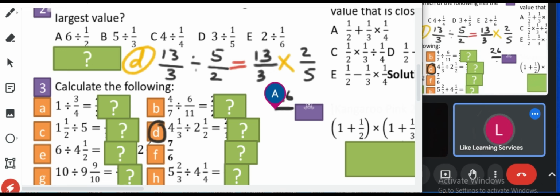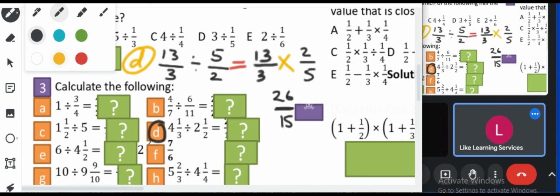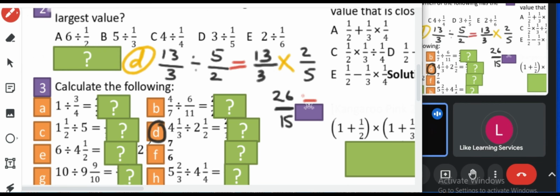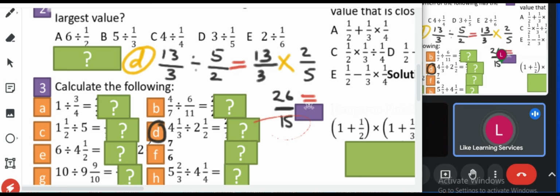26 over 15. Wow, we still need to reduce to the lowest term. So what does that give? Can it go to 3? No, 15 can't even go in 2 places. 15 times 2 is 30. So you can't even go up to 2.